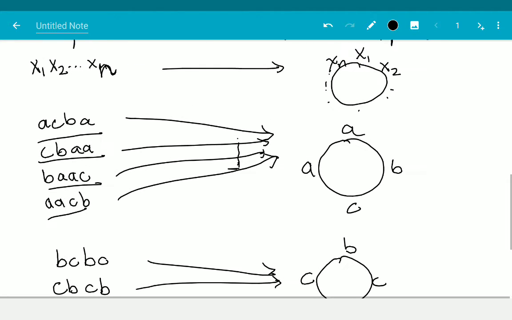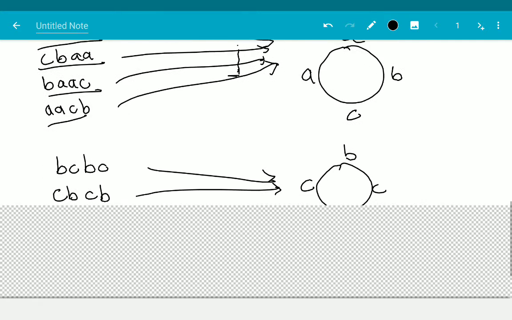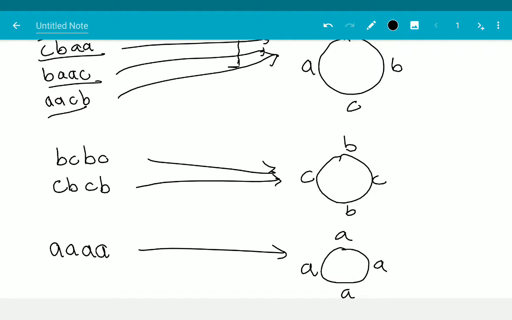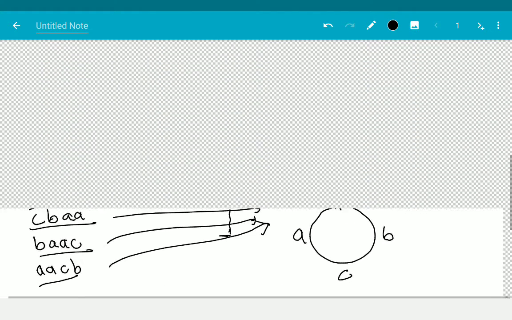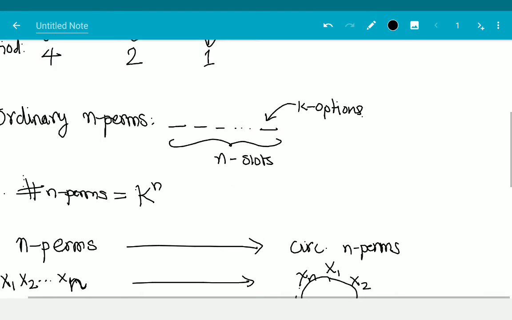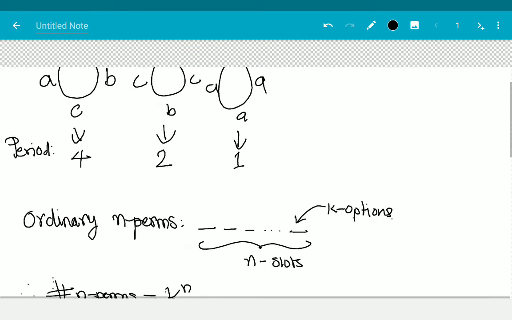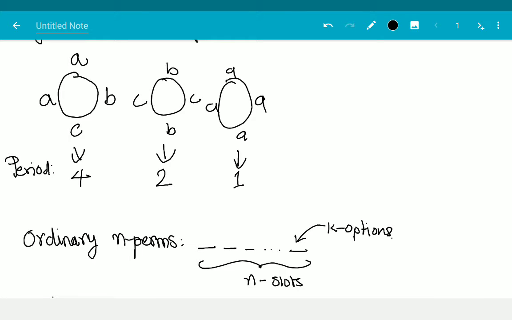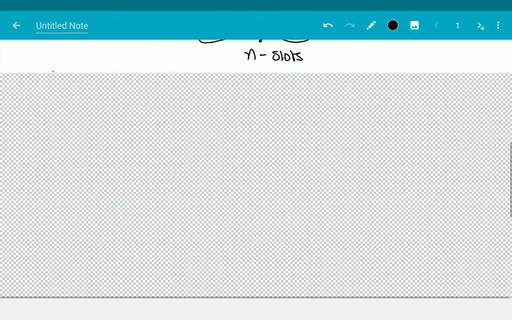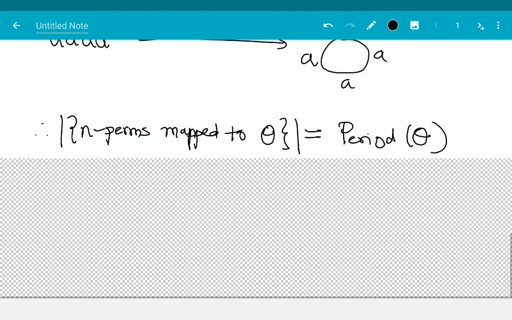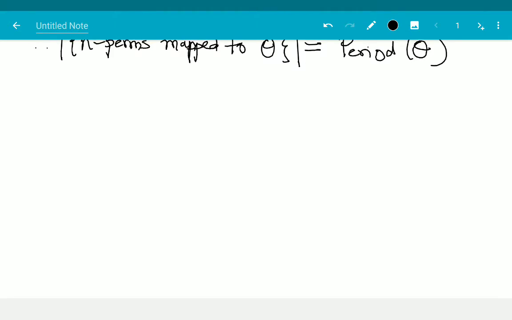There were 4 things mapping to AABC, 2 to BCBC, and 1 to AAAA, and that matches up to their periods that we saw before. The period of AABC was 4, period of BCBC was 2, period of AAAA is 1. Great.